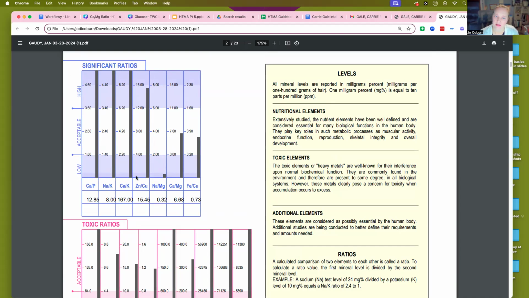She's definitely got some things happening here with these high ratios. She's got a couple that are good, but then the super low sodium-magnesium ratio, right? That's because there's not enough sodium and magnesium hanging around, because the calcium's really mucking things up.